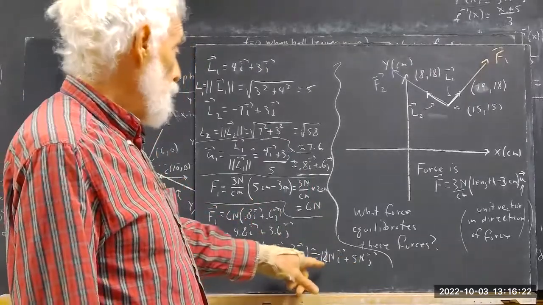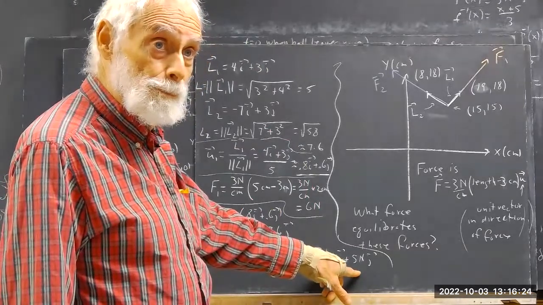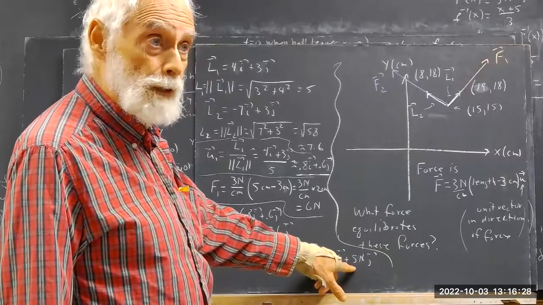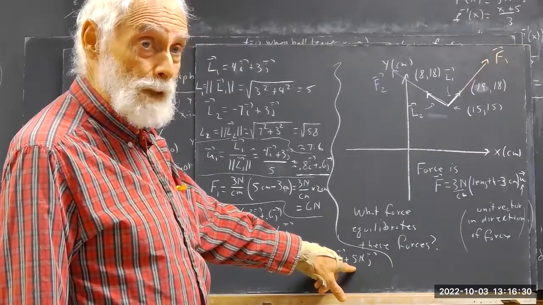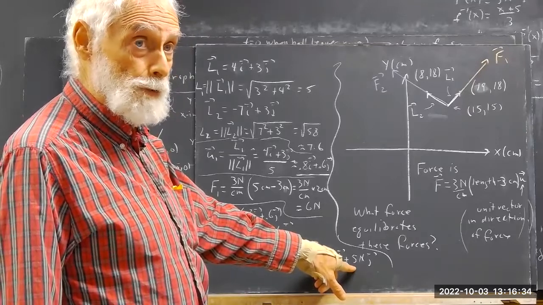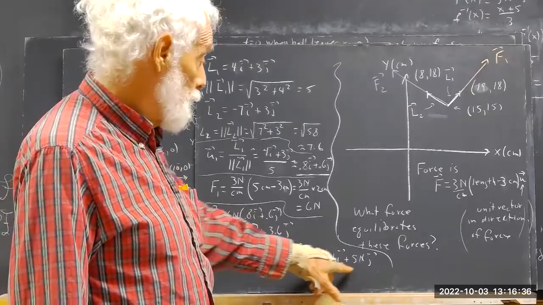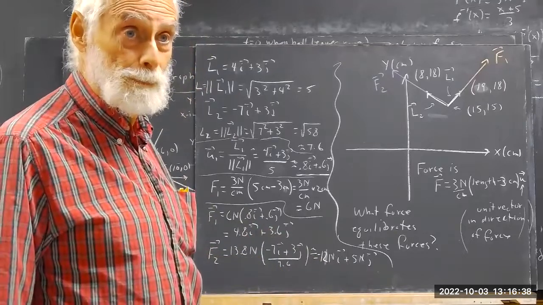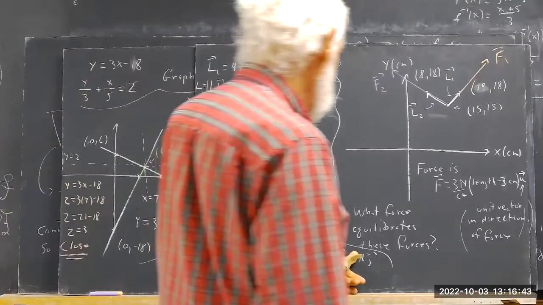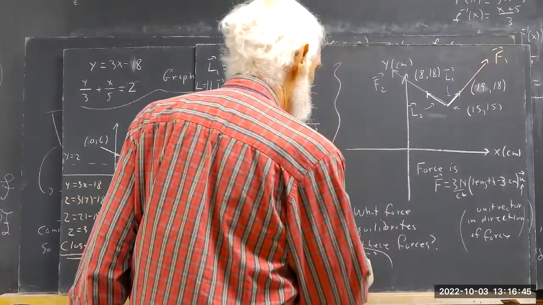And I can check that now. What's the magnitude of this vector? If I square 12, I get 144. I square 5, I get 25. 144 and 25 is 169, square root is 13. So this vector has a magnitude of 13 newtons, not 13.8 newtons, so I'm going to promote that to 6 newtons.